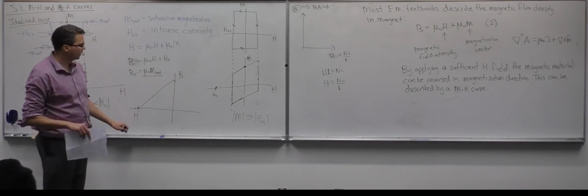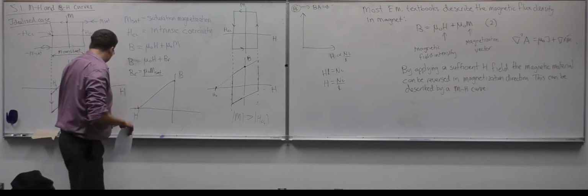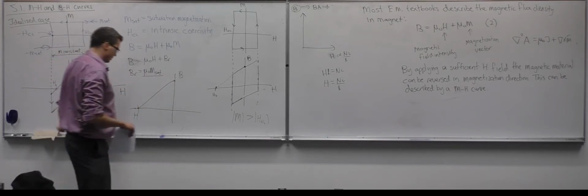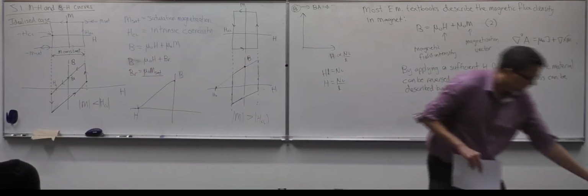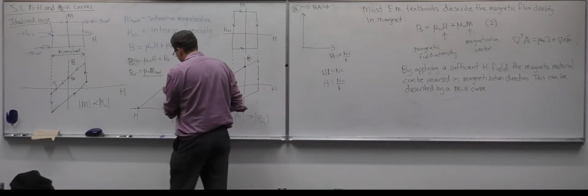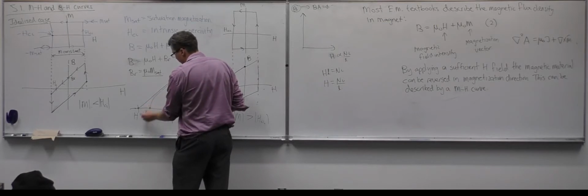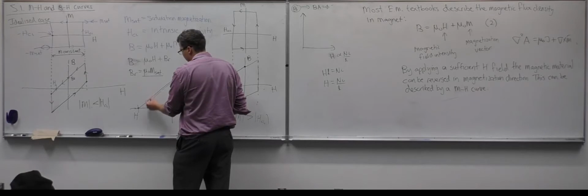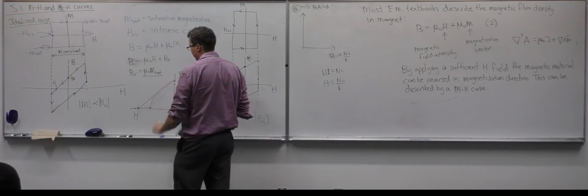If it's not, if it comes down and does this, then it's not following a linear path, and then if you move back up, it won't come back to the same point.